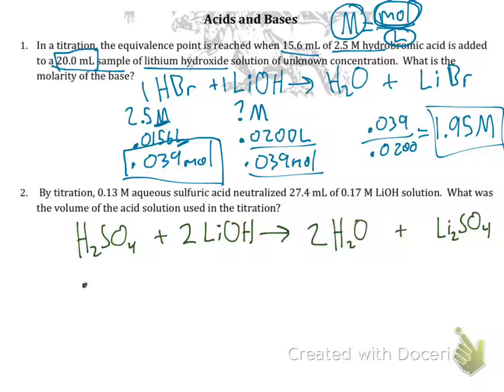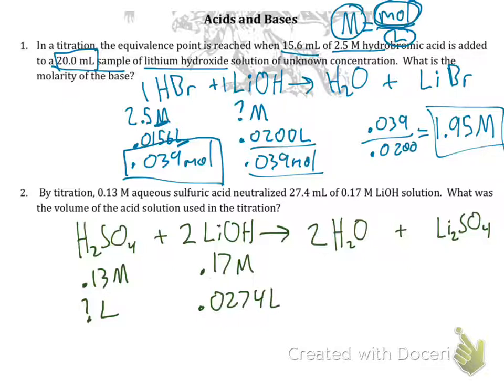We have a 0.13 molar solution of this. The question is how many liters of this will be required. It gives us the molarity of this, which is 0.17 molar, and it gives us the liters of this, which is this.